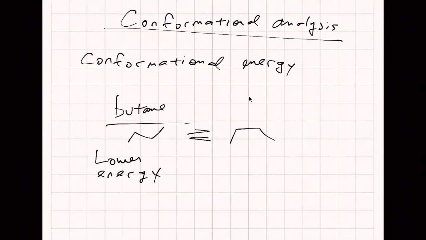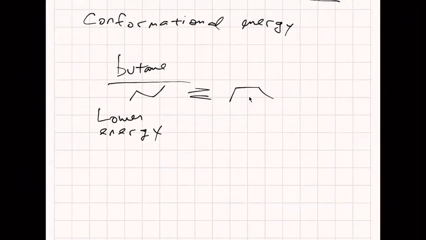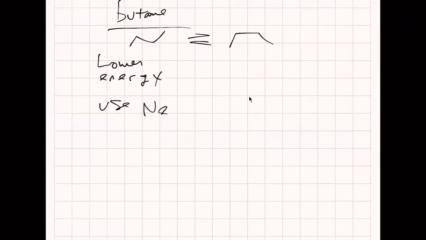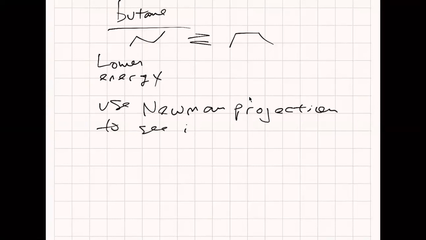The way we draw it is in what we call a Newman projection, so we can see the interactions better. The way you do that is to pick two carbons in the chain and then use those two carbons as your reference points.